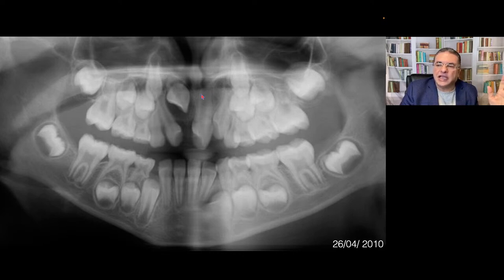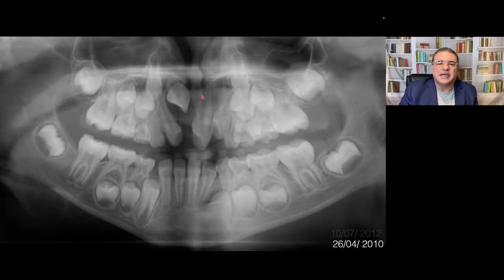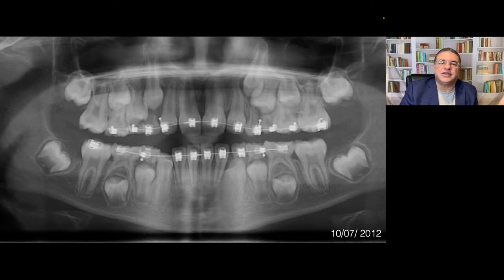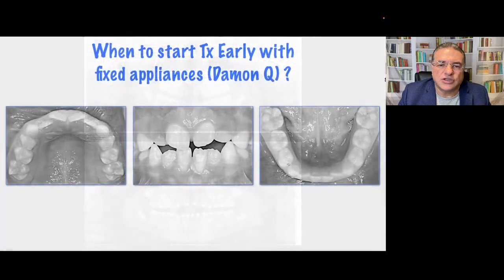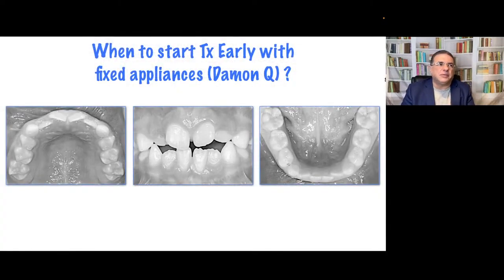They are completely open, and this is after 2 years of treatment, and the development of the roots is completely normal. Here are the differences. So we don't have to be worried about placing fixed appliances like Damon brackets on upper and lower incisors that have the root open.